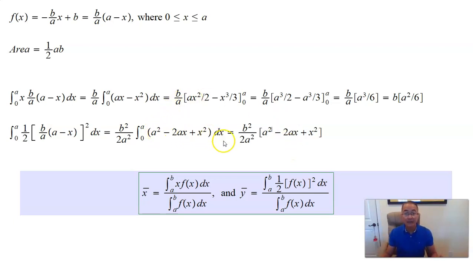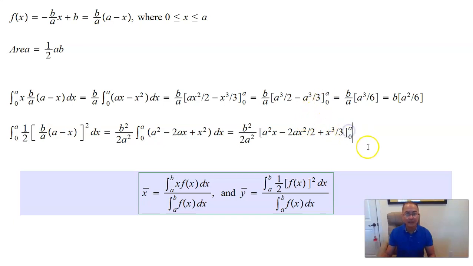A squared is a constant with respect to x. Okay? So that correct integral is a squared x. So similarly, minus 2a is a constant. We're integrating with respect to x. So we have x squared over 2. Finally, for x squared, we have x cubed over 3. Again, evaluated from 0 to a.